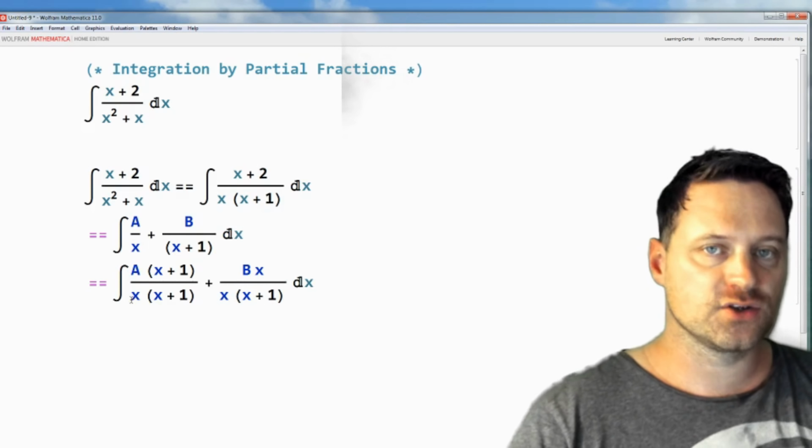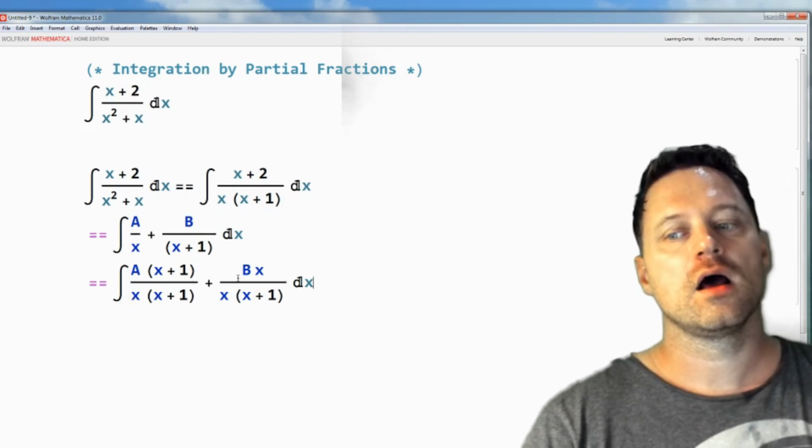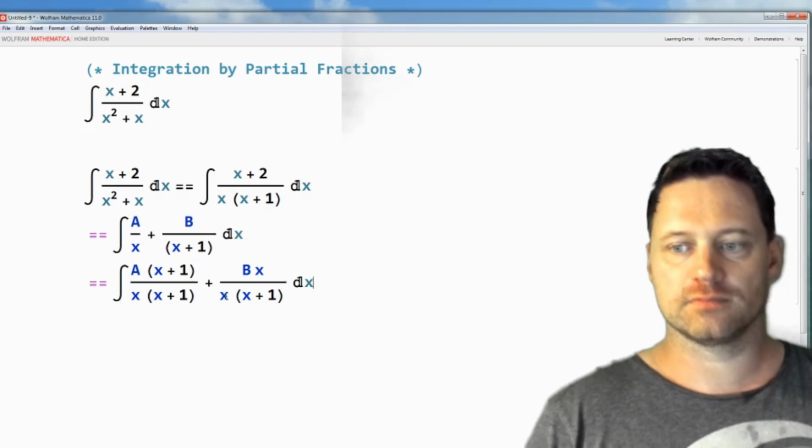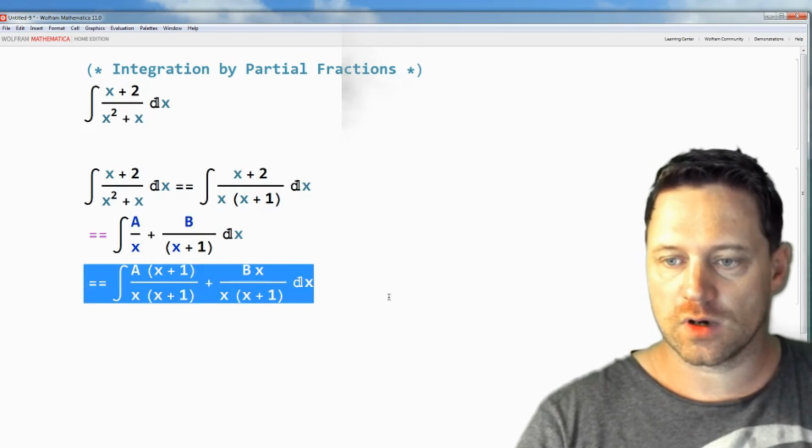Okay, now that we do have a common denominator, let's add the numerators. So let's go down to a new line, paste, and I need to copy the Bx, put it there, get rid of this. Okay, so these two are equal.